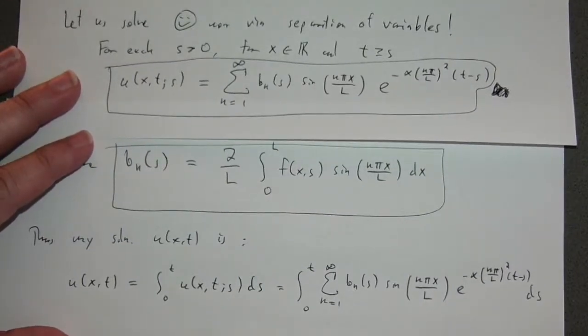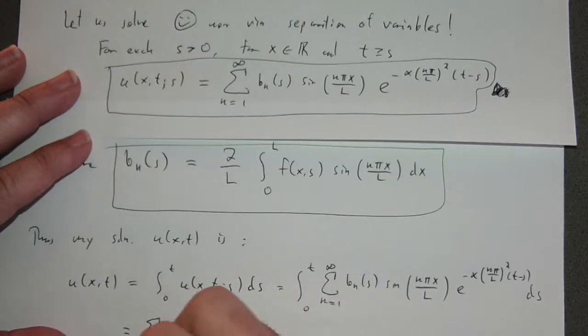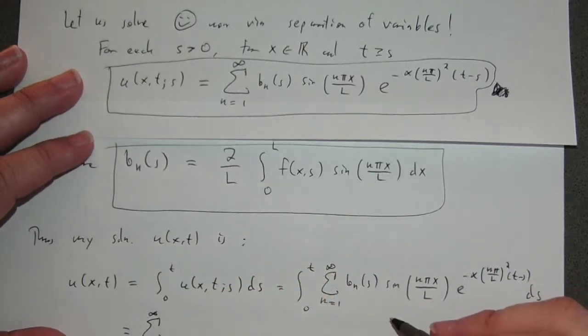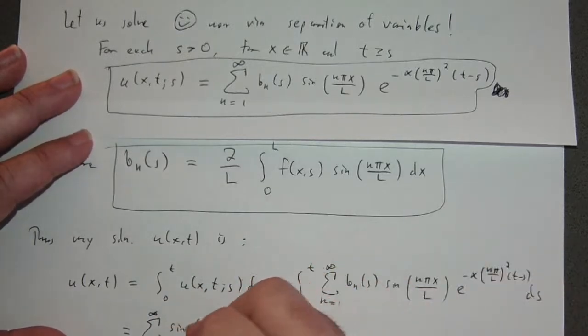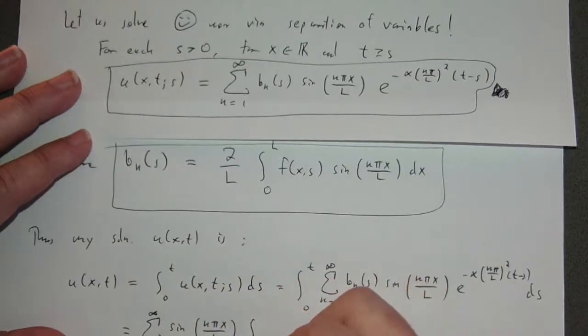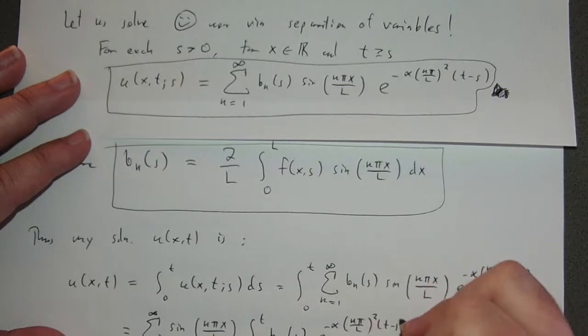Okay. Only the things that involve s here matter to this integral, so I can pull those out. I can pull this sum out. So this is the sum from n equals 1 to infinity of sine of n pi x over L times the integral from 0 to t of b sub n of s e to the minus alpha (n pi over L) squared (t minus s) ds.